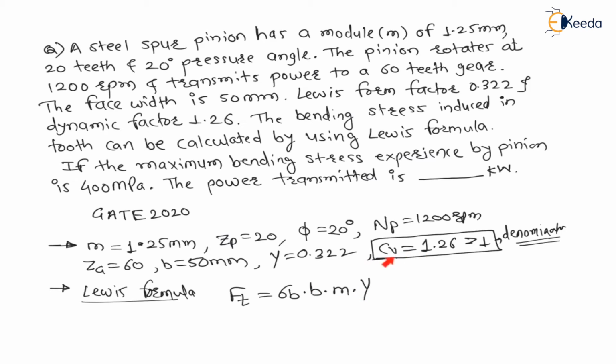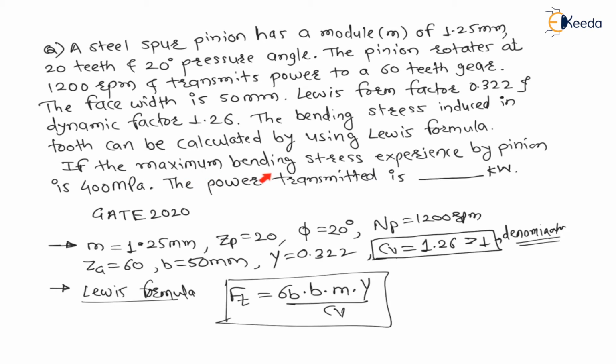And if the dynamic load carrying capacity or velocity factor is given, and if it is more than 1, then this factor will go in the denominator, divided by CV. Now this is your Ft formula. You can use this formula for calculation of stress.